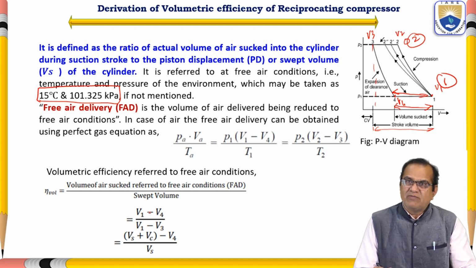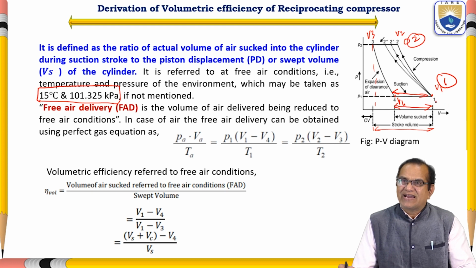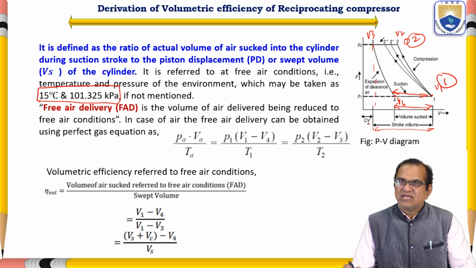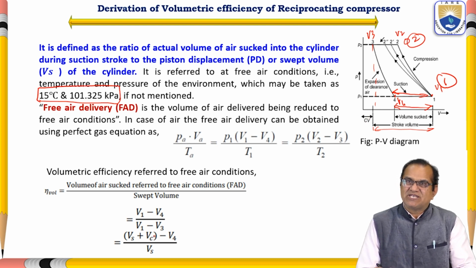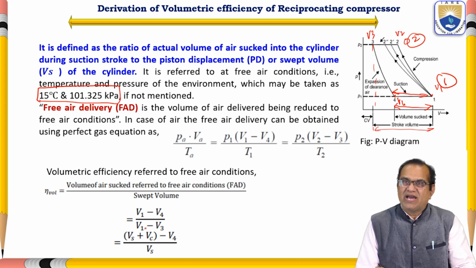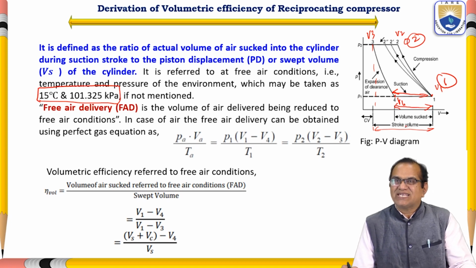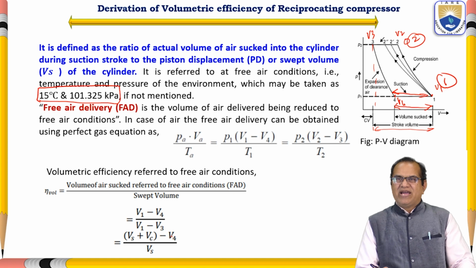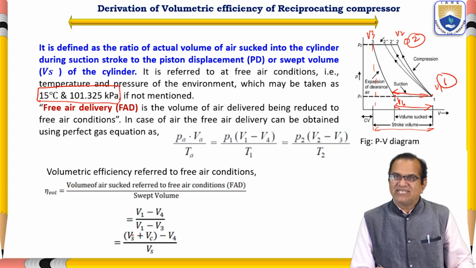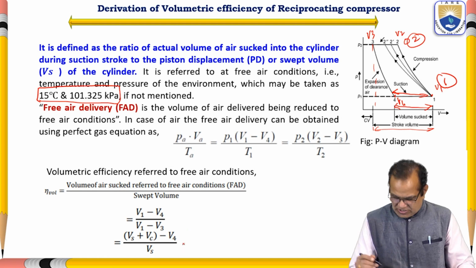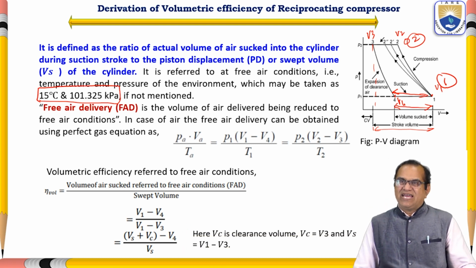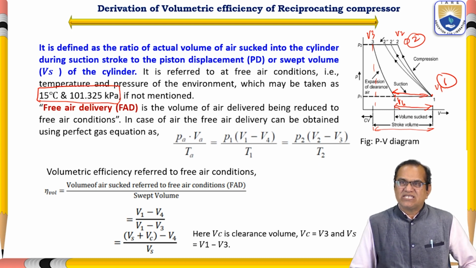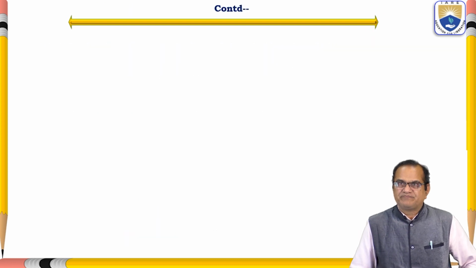So for V1 we can write Vs, the stroke volume, plus Vc. So Vs plus Vc minus V4, divided by V1 minus V3, which is equal to Vs. If you divide this by Vs, we get 1 plus Vc by Vs minus V4 by Vs. Here Vc is the clearance volume, Vc is equal to V3, and Vs is equal to V1 minus V3.